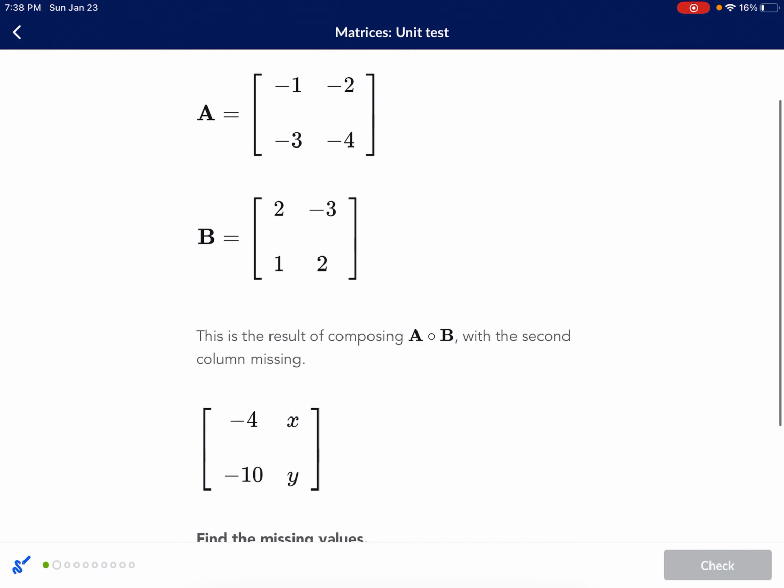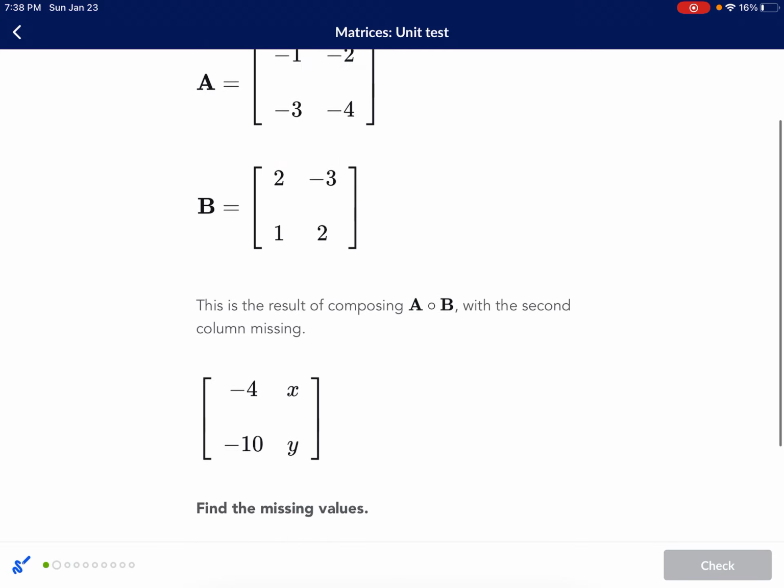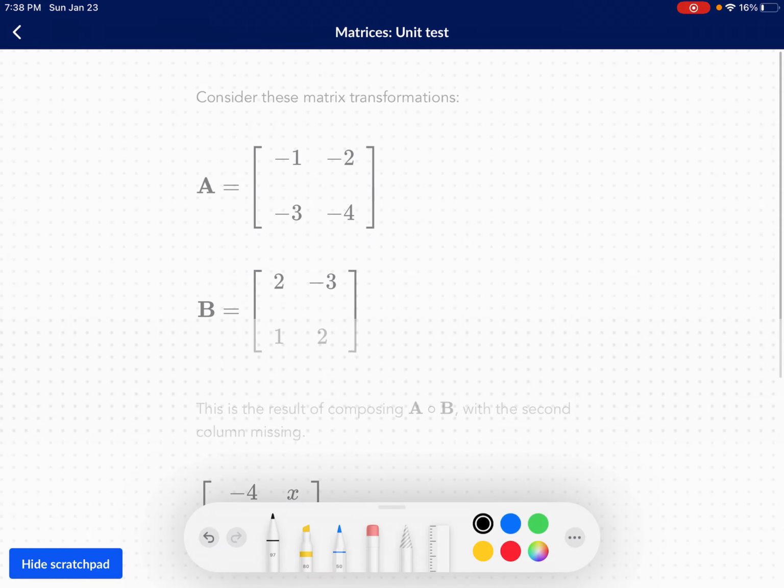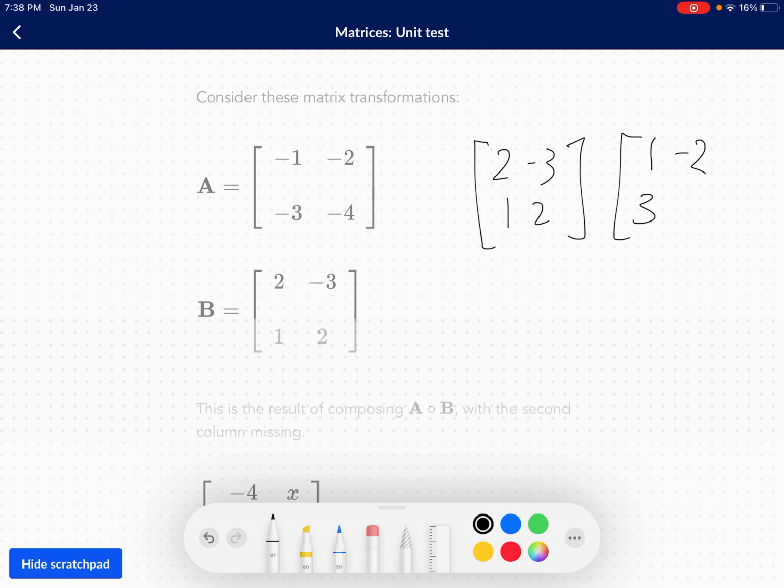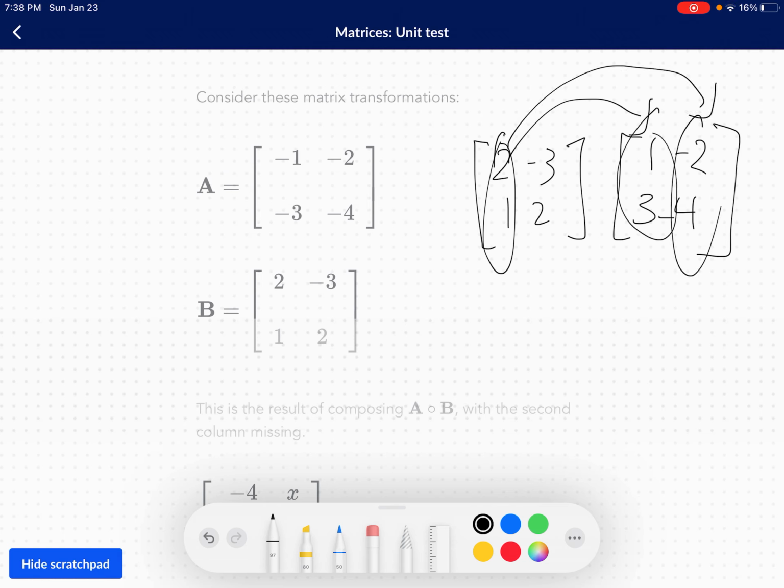Alright, this is the result of composing A and B. Okay, so B, I'll just write it like this: 2, -3, 1, 2, and 1, -2, 3, 4, -4. Right. So this goes to this, and then goes to this, and then this goes to this, and then those do this. So let's do that.